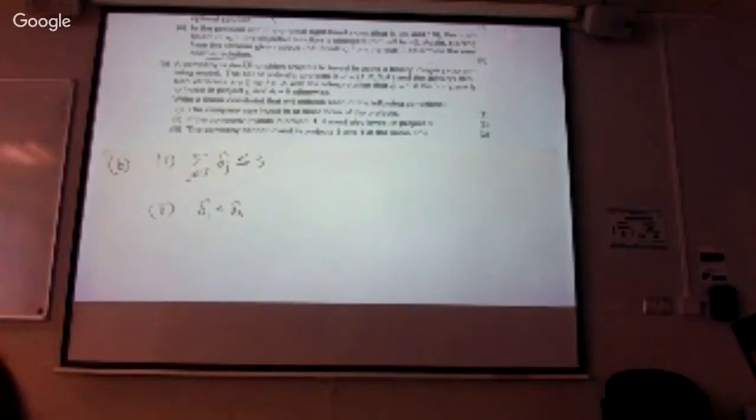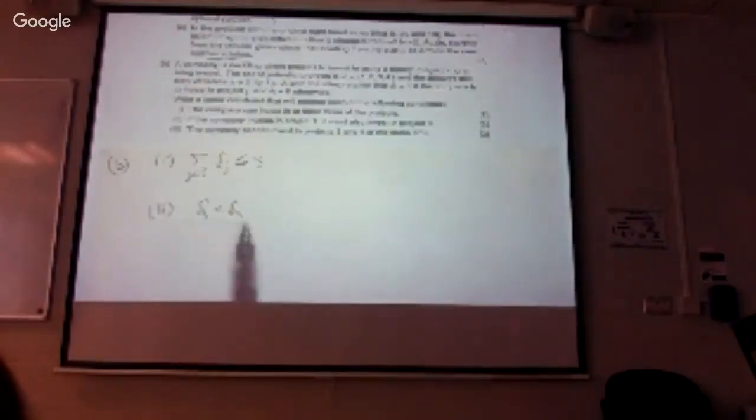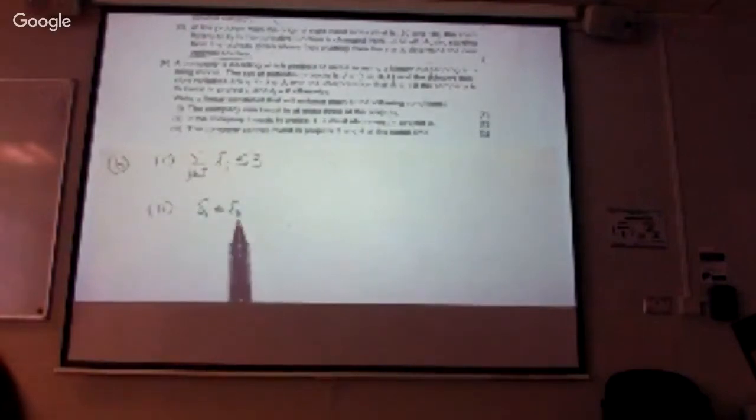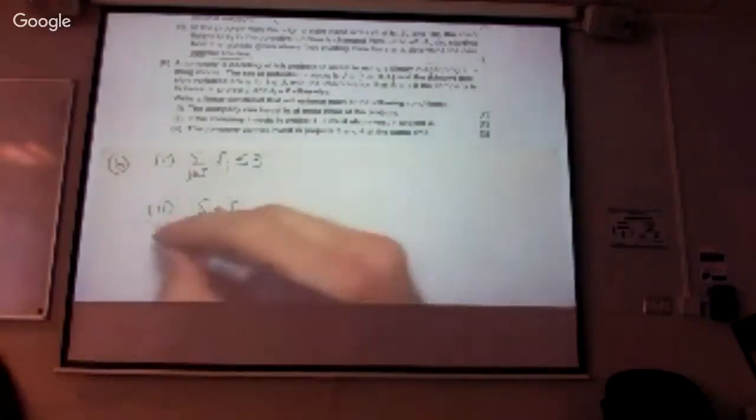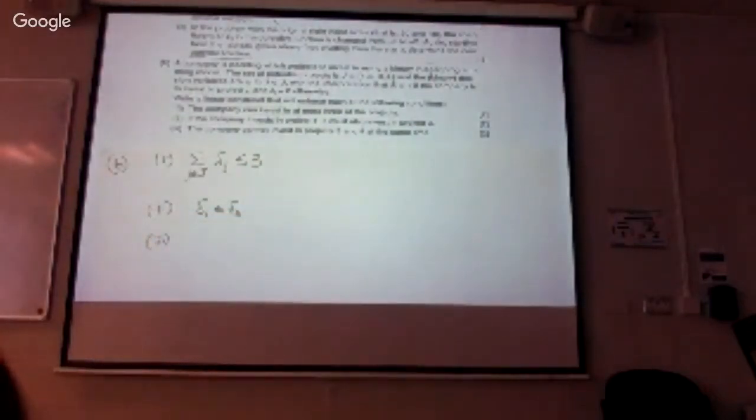The only thing it really does, if they are 0s and 1s, the only values that are not allowed is delta 1 being 1 and delta 3 being 0. Which is exactly when the implication is not satisfied. When you're doing project 1, not doing project 3. Yeah, that's it.